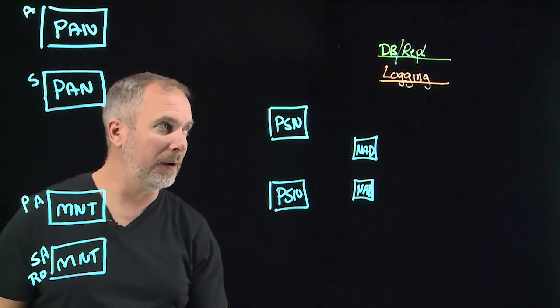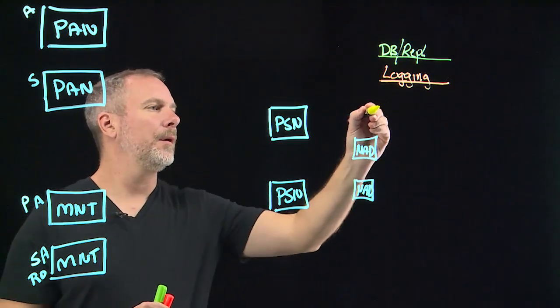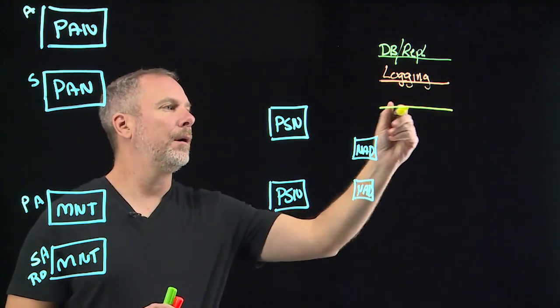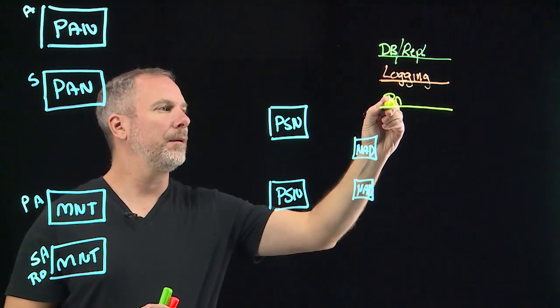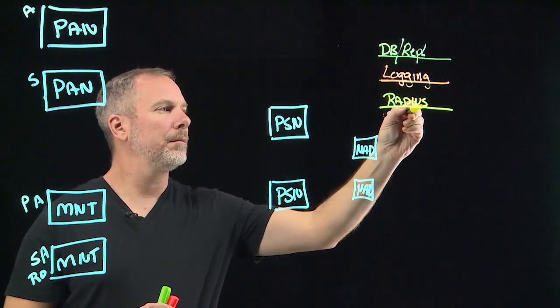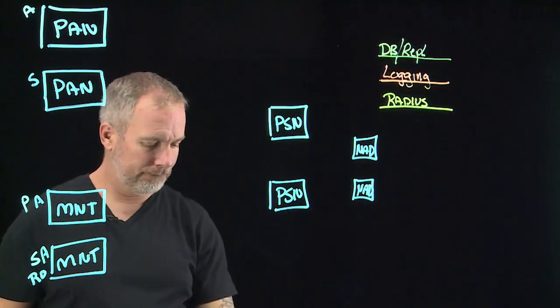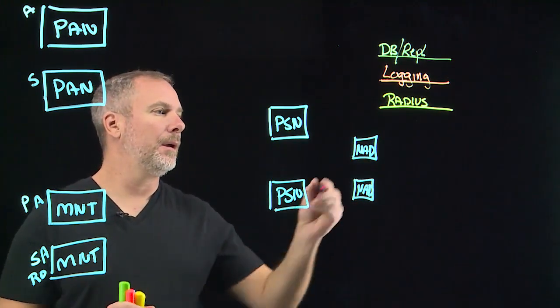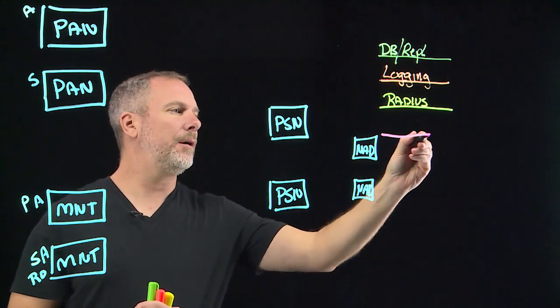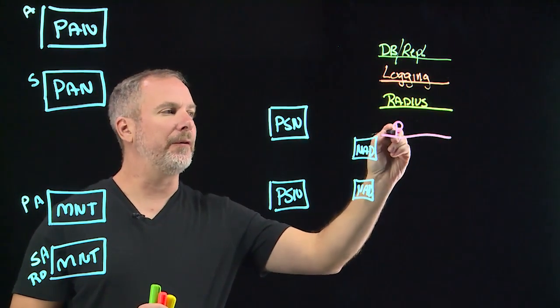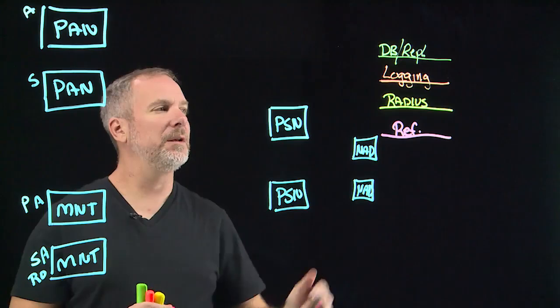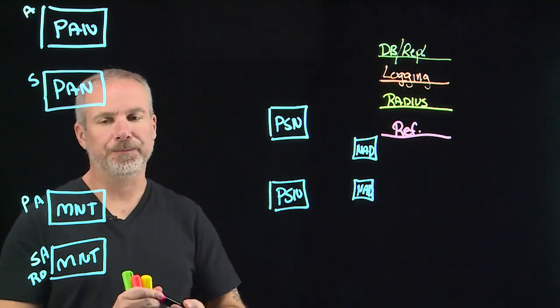I'm going to use yellow. I'm going to call yellow our RADIUS traffic. And I'm going to use pink. And pink I'm going to call, for lack of a better word, reference. And we're going to see what that means here in just a second.